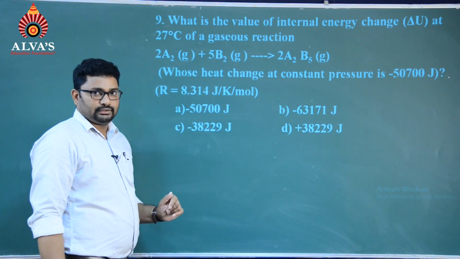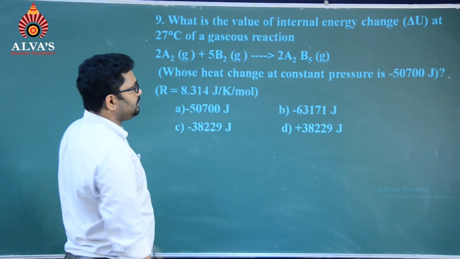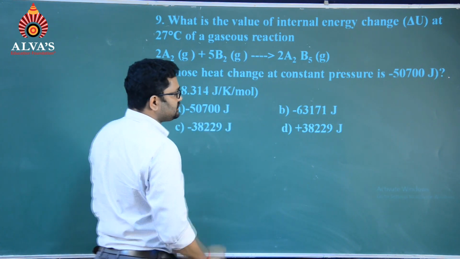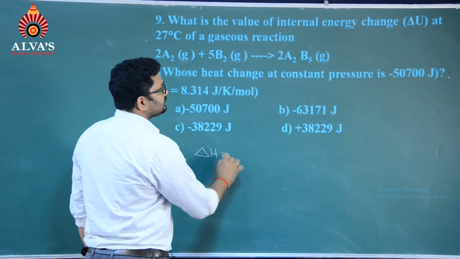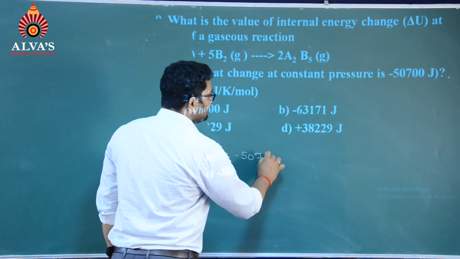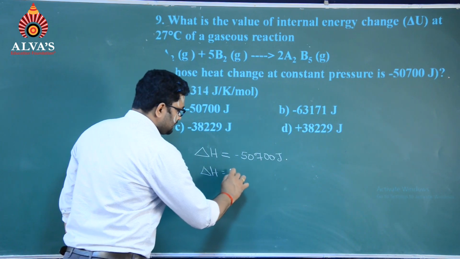Analyze the question carefully: the heat change at constant pressure, students, is nothing but delta H, that is minus 50,700 joule.